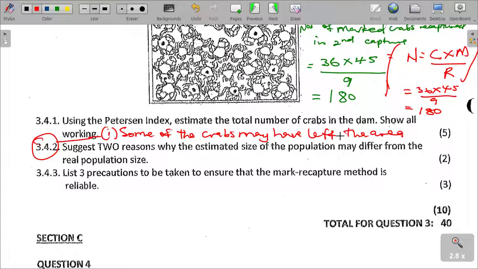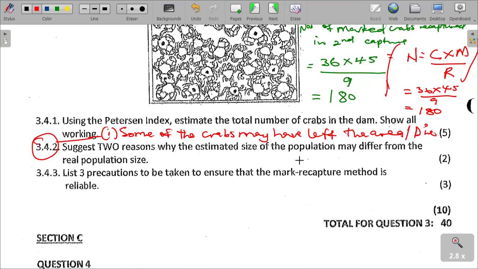When they saw people entering there, they may have moved out of the area. That can cause a different population. Or some may have died there.